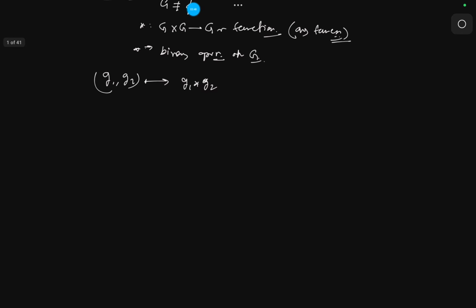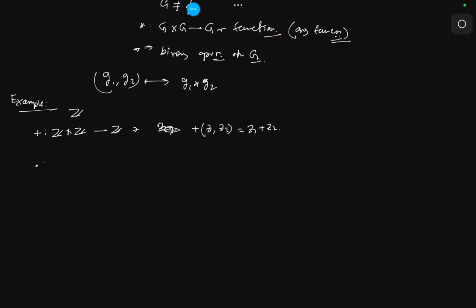As an example of a binary operation, you can consider, let's say, the set of integers. You can add any two integers, that is defined as: take z1 and z2, plus of z1 comma z2 goes to z1 plus z2.